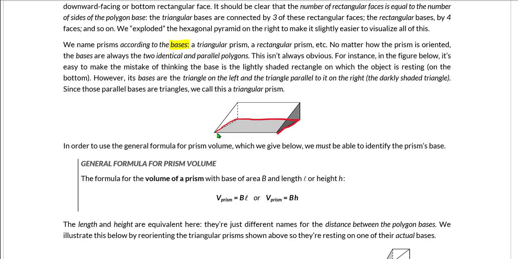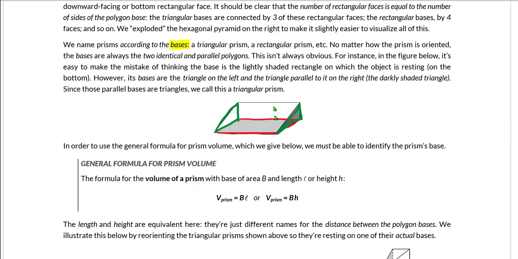This, you might even call it the base of this 3D solid, looks like it's one of those rectangles. However, that quote-unquote base is not a base at all. The bases here are the 2 identical parallel triangles on, let's say, the left and the right of the figure.